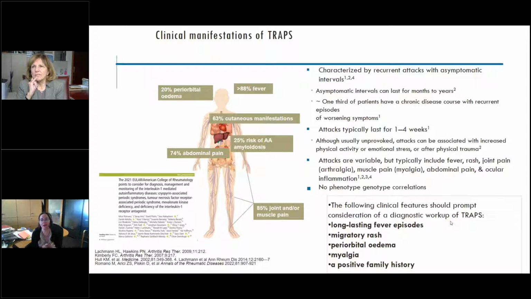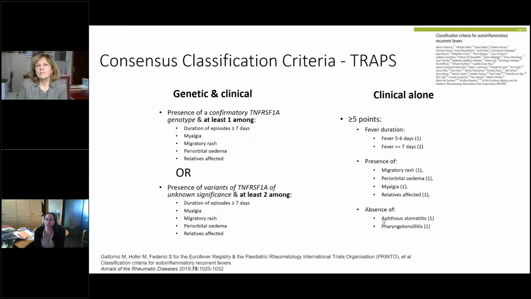Consensus criteria from EULAR-ACR have suggested that the following considerations should prompt a diagnostic workup for TRAPS: long-lasting fever episodes, migratory rash, typically going down a limb with underlying pain worst underneath the rash, periorbital edema, particularly in children, myalgia, and a family history of similar symptoms. The consensus classification criteria published in 2019 from EULAR PRINTO came up with really three quite useful ways of looking at this.